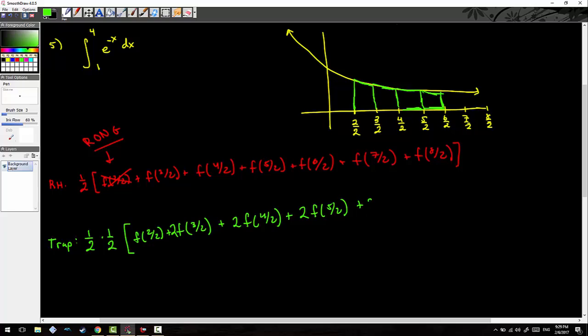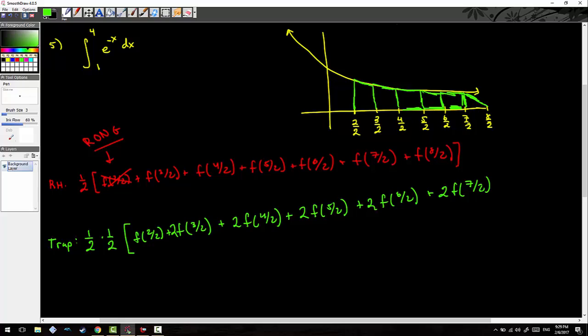And then 6/2 will be used twice, and then 7/2 will be used twice as well. Again, once as the latter of this trapezoid, and then the leader of the next trapezoid.